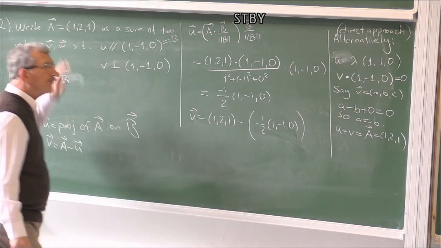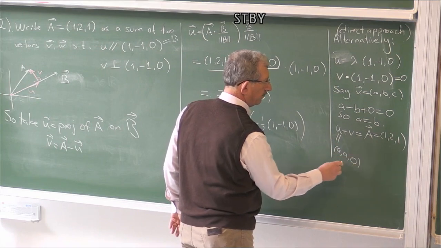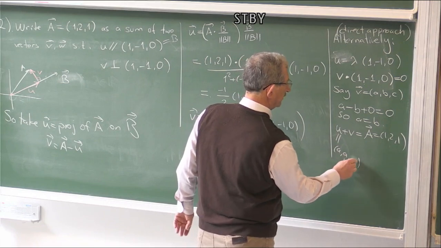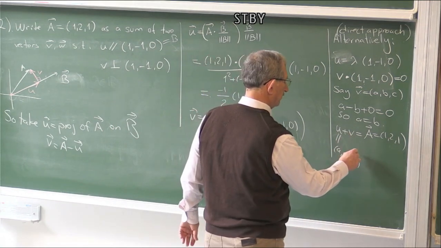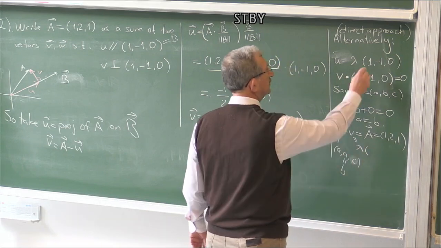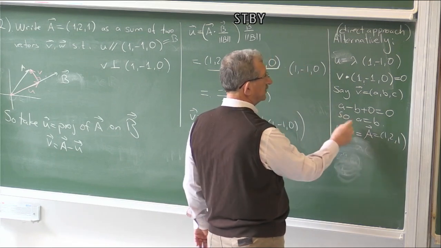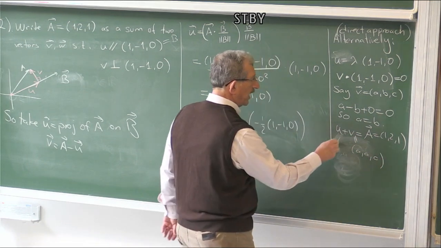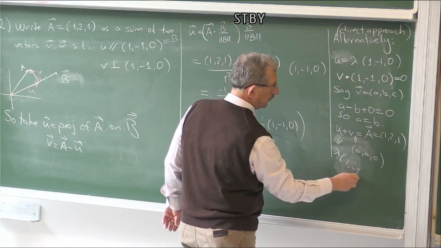That was our A. And U is lambda times 1, minus 1, 0, and V is A, A, C. Oh, sorry, I mixed it up. V is this one, so it is A, A, C, and U is lambda times 1, minus 1, 0.